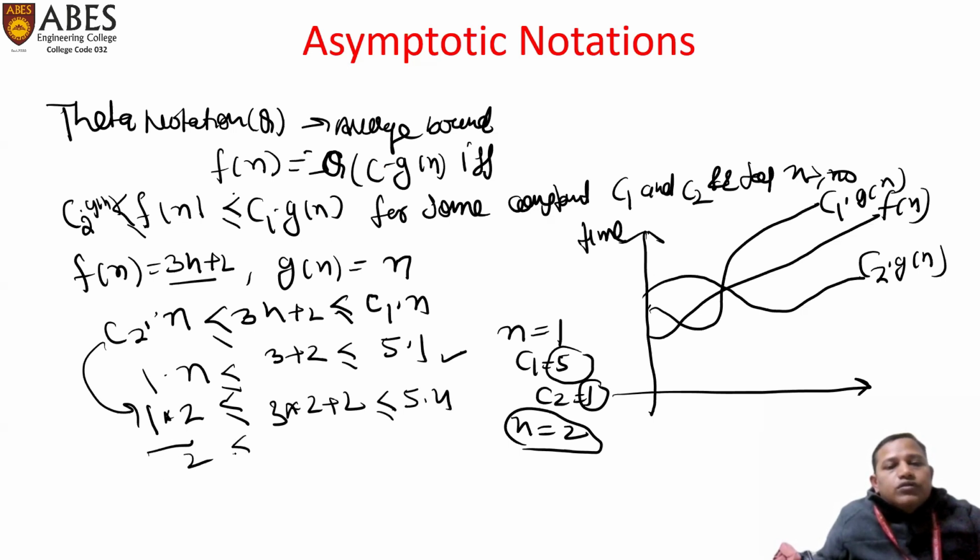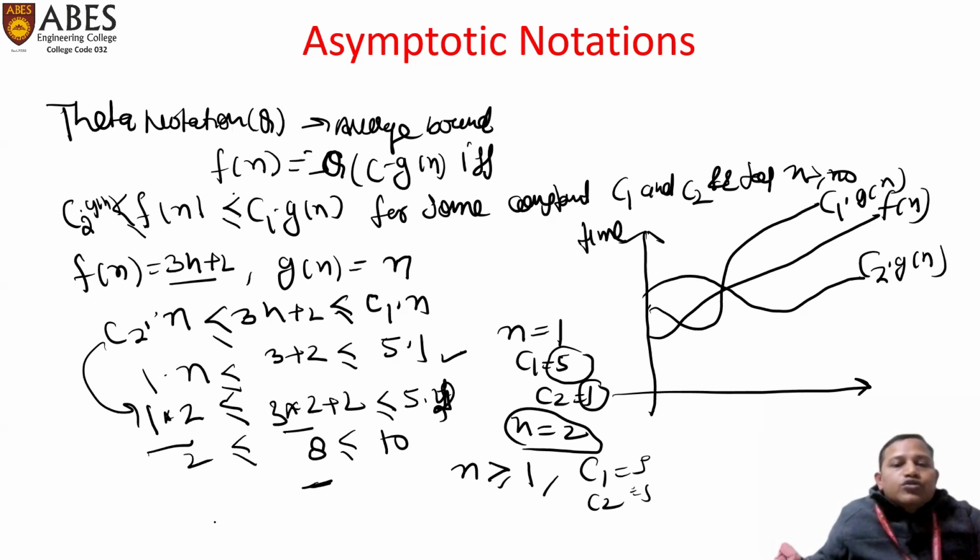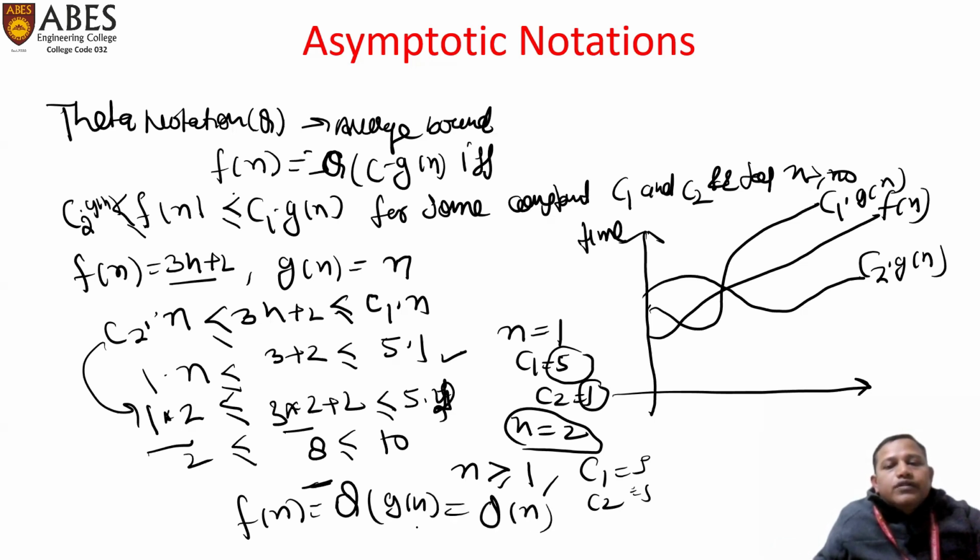Here it is 2, and here it is 6 plus 2, that is 8, which is less than or equal to 5 into 2, that is 10. This condition is also true. And similarly it is always true for n greater than or equal to n0, with c1 equal to 5 and c2 equal to 1. So we can say that f(n) is equal to big theta of g(n). Here g(n) is equal to n, theta of n.